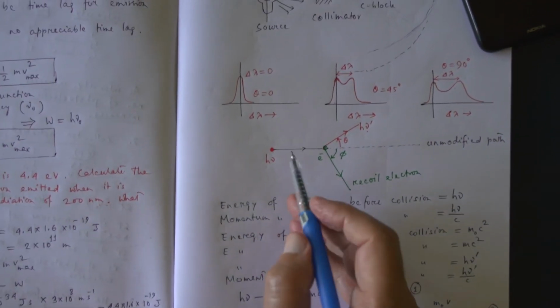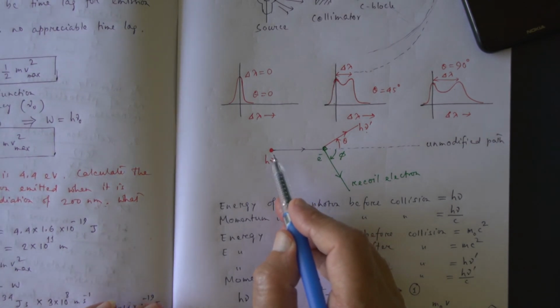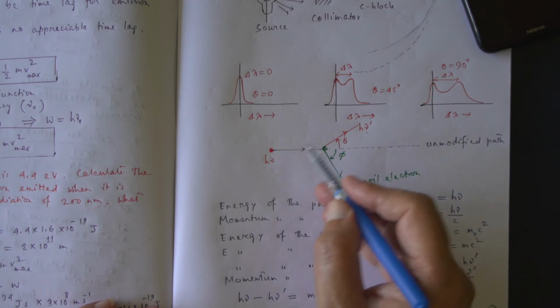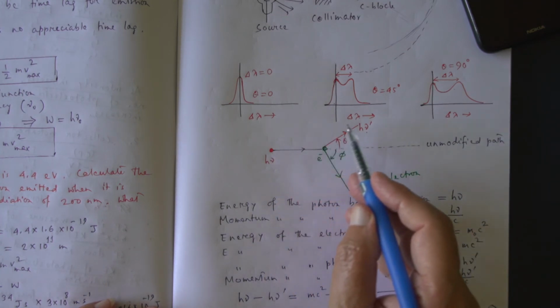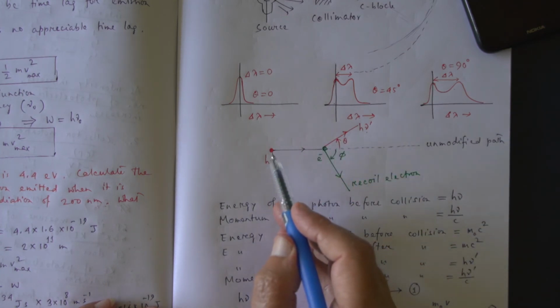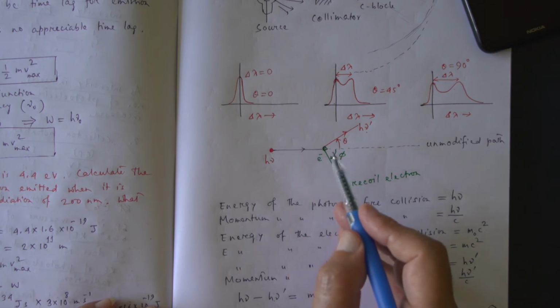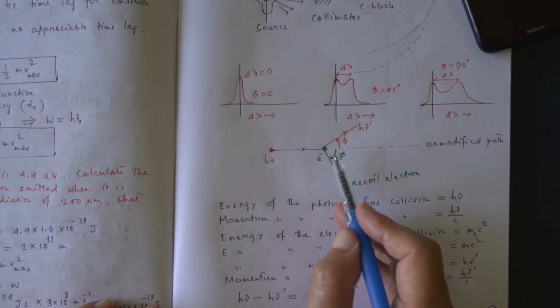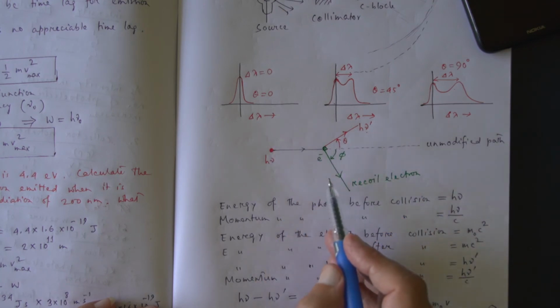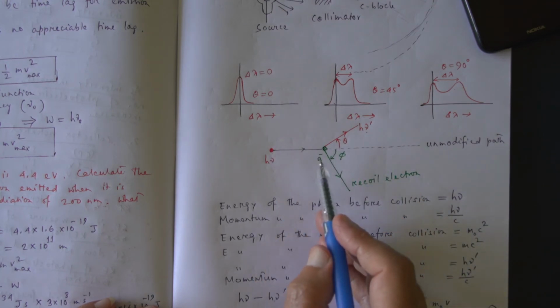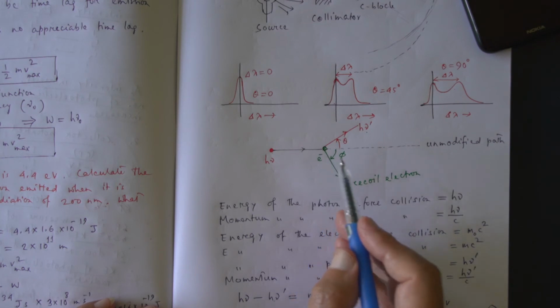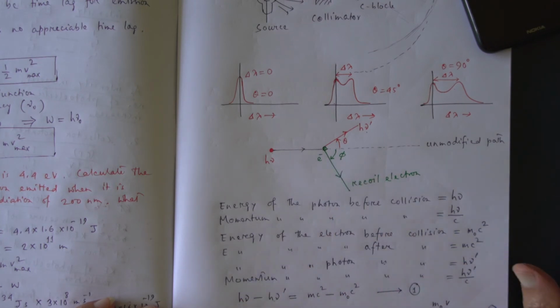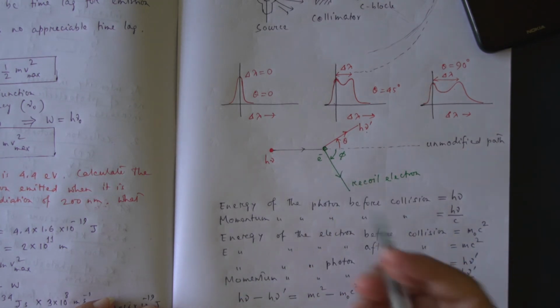Now momentum is a vector quantity. Since we are considering elastic collision, momentum must be conserved. Momentum is conserved. That means x component and y component.